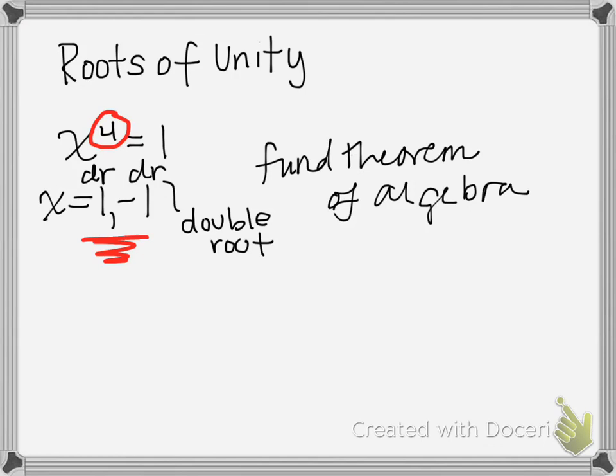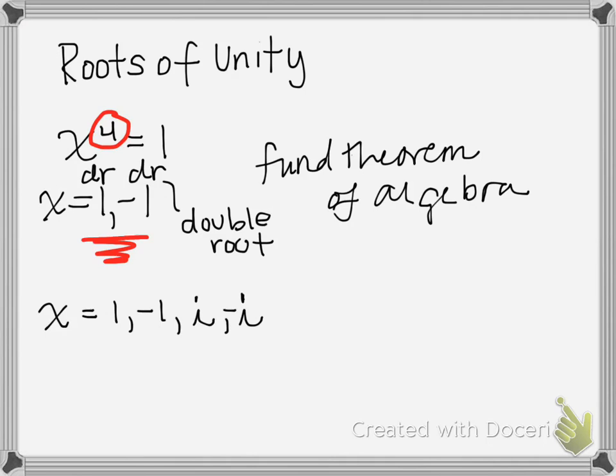Well, today I want to tell you we don't have to live with that lie anymore, because x to the fourth does have 4 solutions when we consider the complex possibilities. So it's not only 1 to the fourth that equals 1, negative 1 to the fourth equals 1, but also i to the fourth is equal to 1.